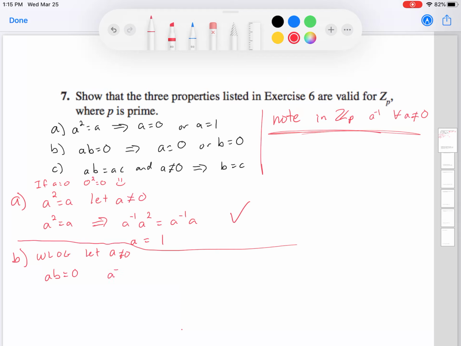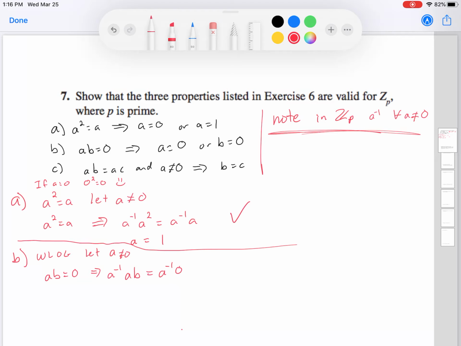Let's multiply on both sides by a inverse. So a inverse ab equals a inverse times 0. Oh, I misspoke there. That's a 0.